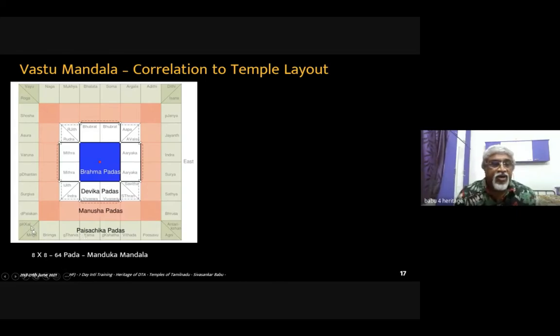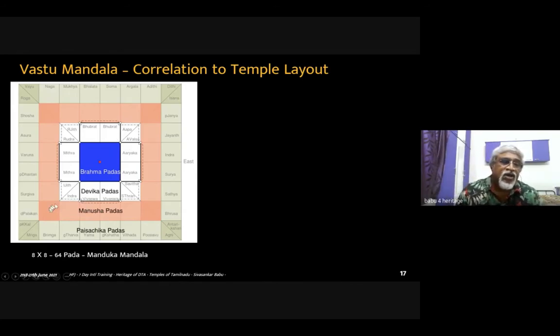Okay, 64 pada, 64 equivalent squares, where the Brahma pada in the center is the position where the sanctum, the linga, is put up, and on all 4 sides the Upadevatas and the Koshta Devatas are put.